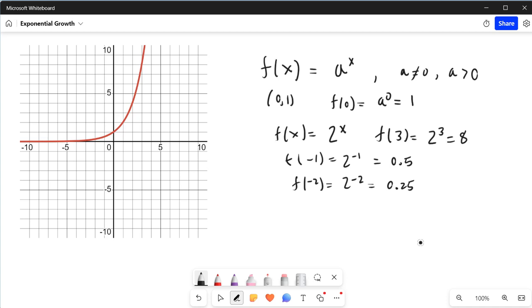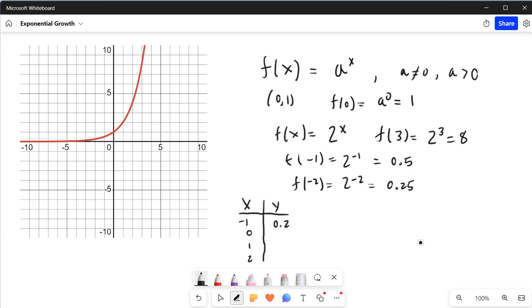So either way, if you were going to try to graph this, then it would probably be a good idea to start with some points such as -1, such as 0, 1, and then maybe 2, because in this case we already got 3, right?